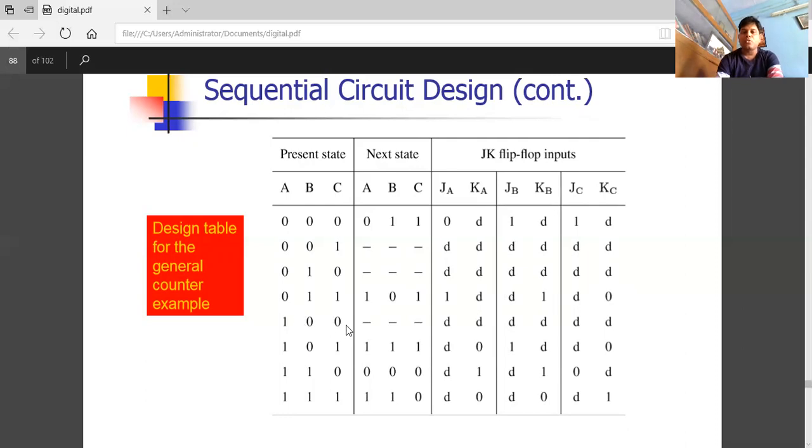Again 4 is missing, so in the missing case the next state is dashes and the excitation table entries are all don't cares. Then 5 goes to 7, so according to the inputs in the present state and next state we have to fill the excitation table of the JK flip-flop, and repeat the same for 7 to 6 and 6 to 0.